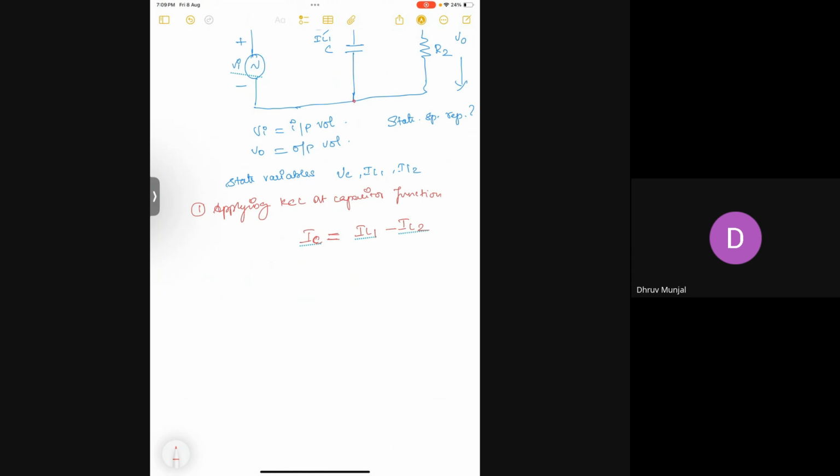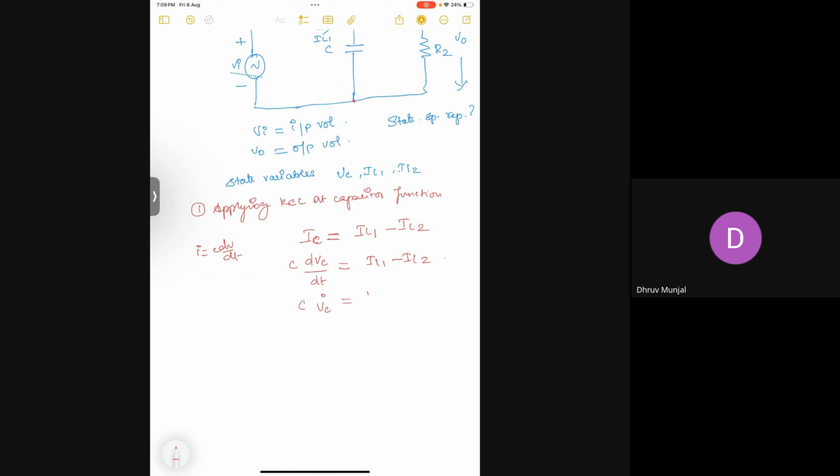Now I'm just going to represent this in terms of a voltage. So rewriting it, I equal to C dV by dt. Now this differentiation I'm going to write in terms of dot, because in state space form we need it in terms of differential equations, right?